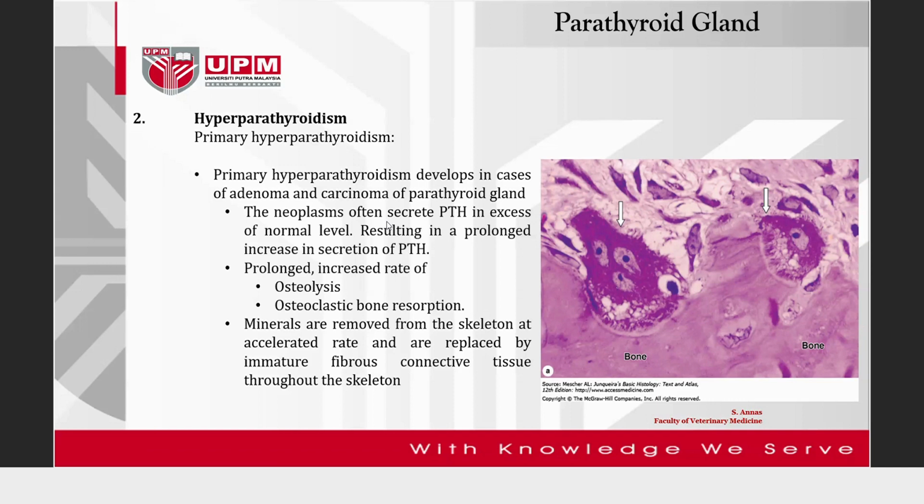So minerals will be actively removed from the bone, in which under routine H&E, if the bone is poorly mineralized, it leads to lack of eosinophilic staining in the bone matrix.